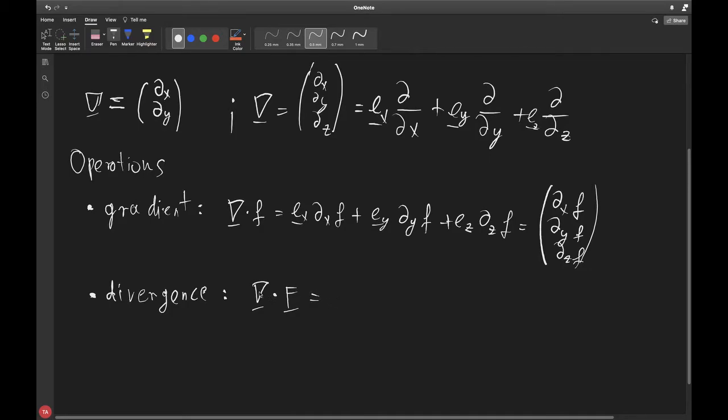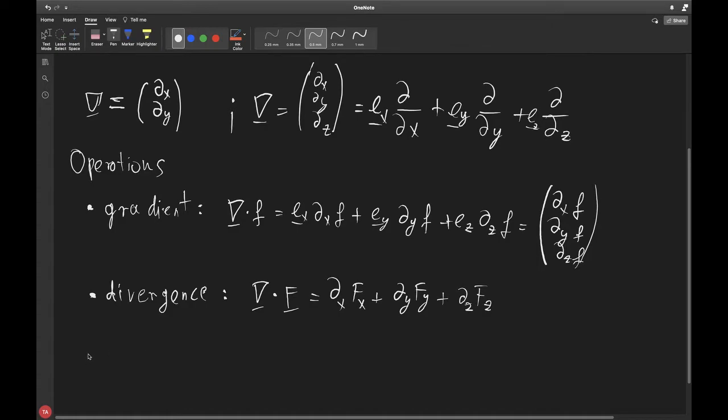This is a vector times a vector, dot product, so that's going to give us a number, and that number is the derivative of the x component of F by x, plus we take the y component of F and derive that by y, plus we take the z component of F and derive it by z.